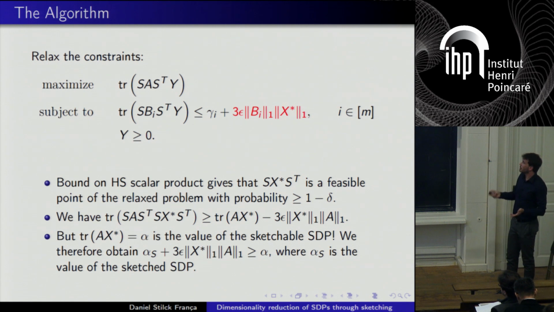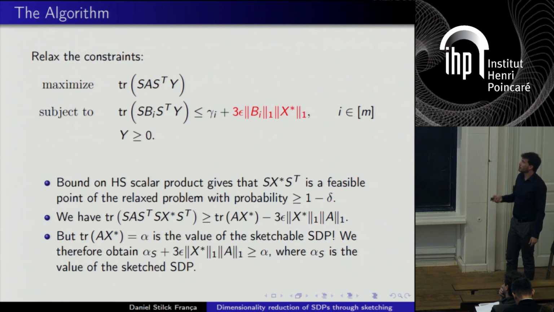So from this, we get the following bound. We cannot be sure that this point here is also the optimum of your smaller SDP. So it could be that this, as you take the maximum, actually also increases, but you get this upper bound on the value of your SDP.